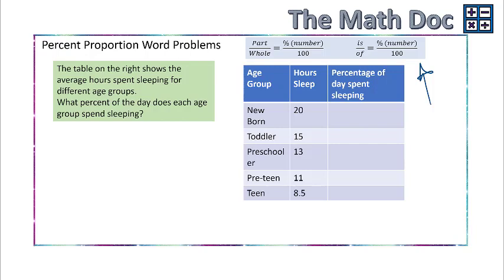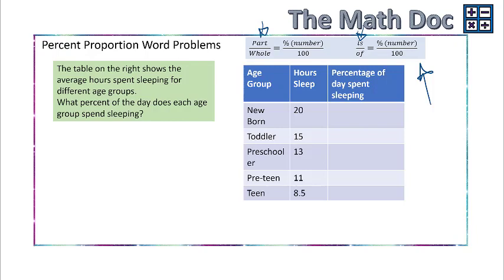We either have part of a whole, or we have a ratio of is to of. And in these word problems that we will try to solve in this video, we will identify the words as well. So if you need a refresher, go back to that video. You can watch just the beginning or a couple of the examples, and then come back and let's go through these word problems.